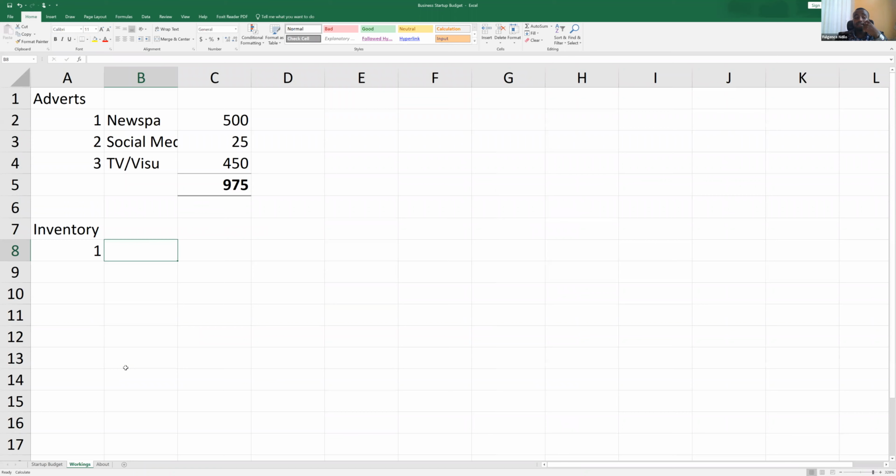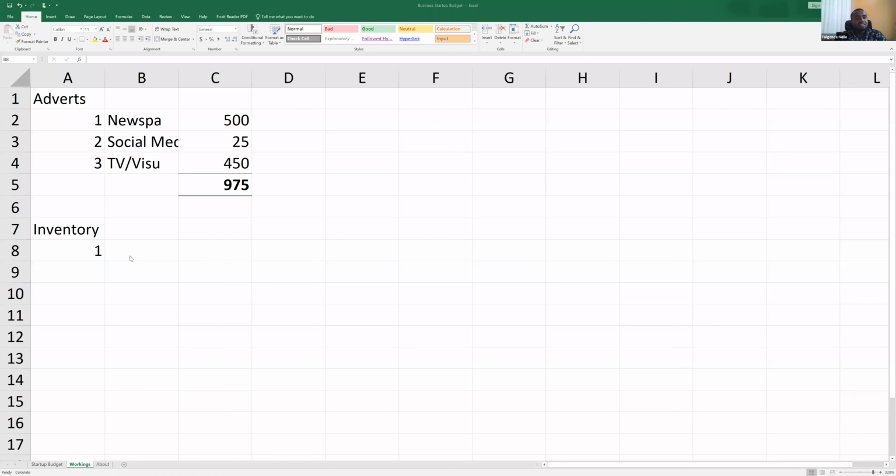I'm trying to look up a business we can familiarize with. Anyone who can give us any kind of business we can work with? Anyone who can give us any business? Ice cream business, okay. So we can use ice cream business.